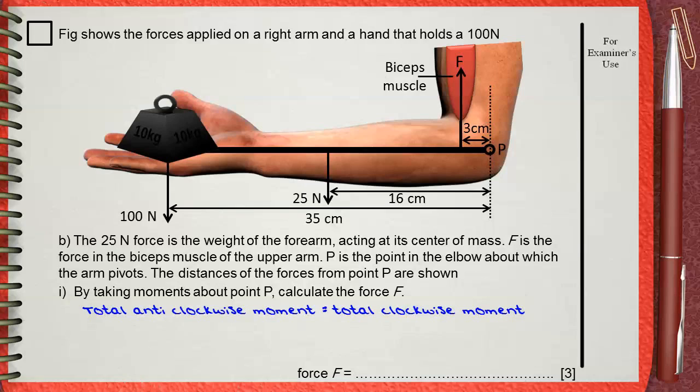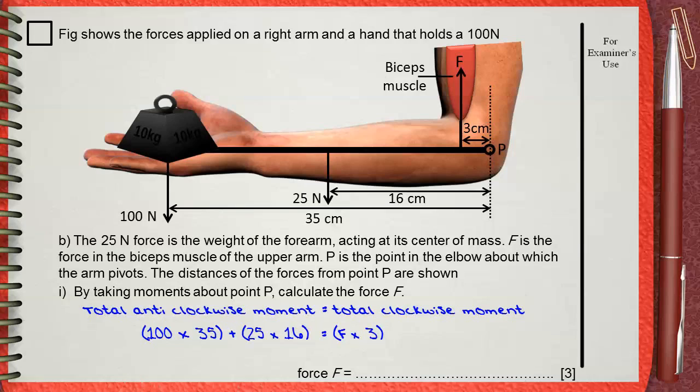So we can say that 100 times 35, where 35 is the distance between 100 newtons and the pivot P, added to 25 times 16, where 16 is the distance between 25 newtons and the pivot P. All these will give the total anti-clockwise moment.